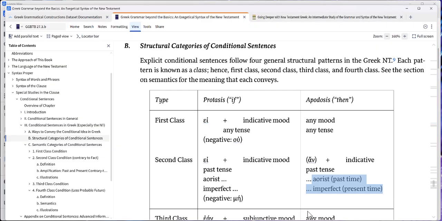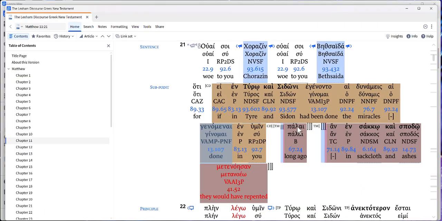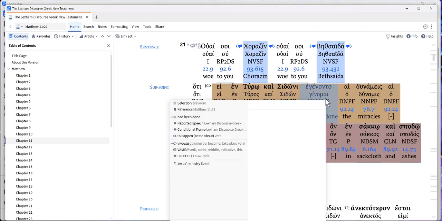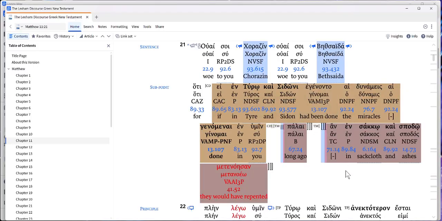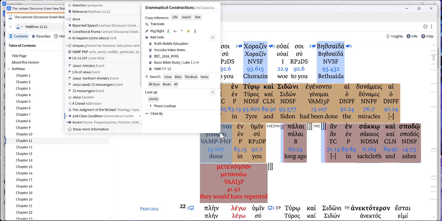So when we come over to here and we look at this, we had a verb in the imperfect, and we're looking for another verb. So this is a participle. So this is not the result.